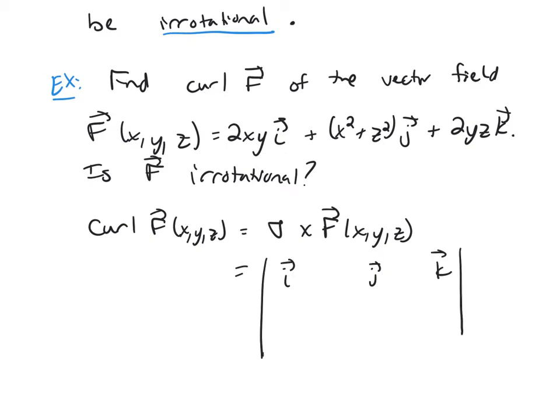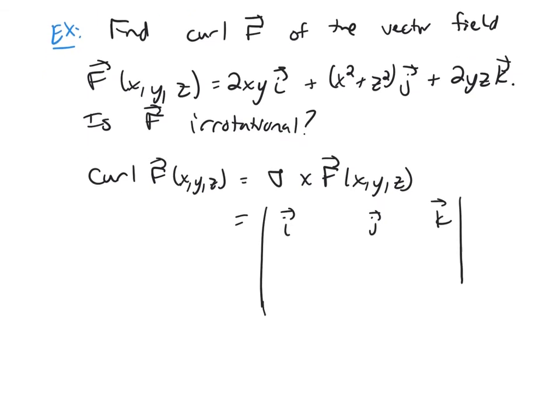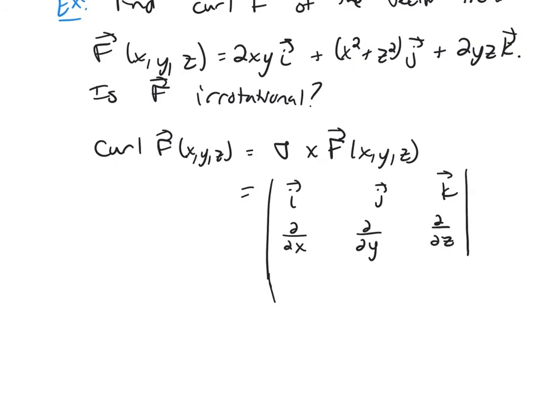And the gradient is the partial with respect to x, the partial with respect to y, and the partial with respect to z. And then we're going to copy down our vector field. It was 2xy, x squared plus z squared, and 2yz.